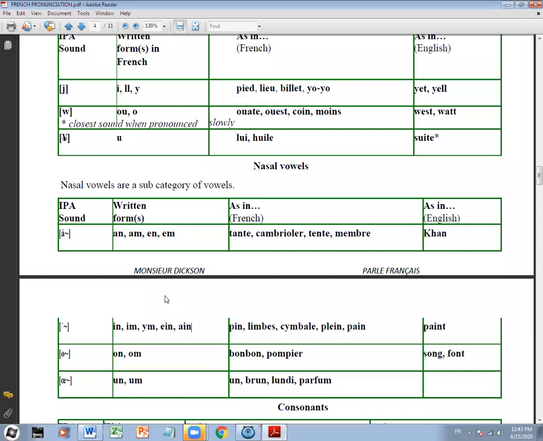No, we say pon, on. Okay? So the first combination are this. I want you to understand, just to make it simple for you. Anytime you see letters AN, AM, EN, EM, they produce the same sound as what? As on.